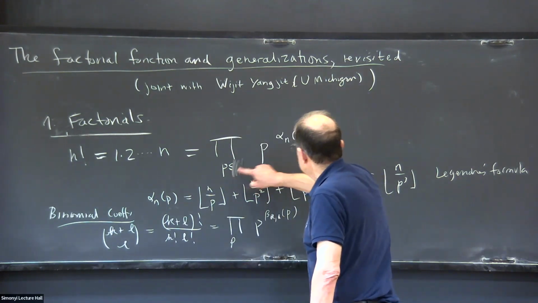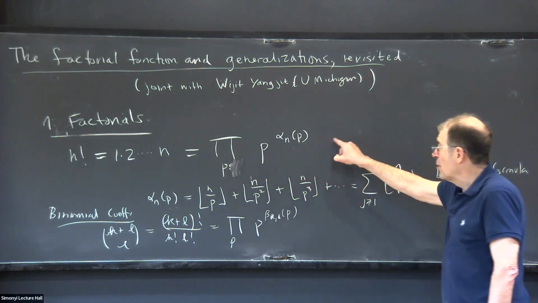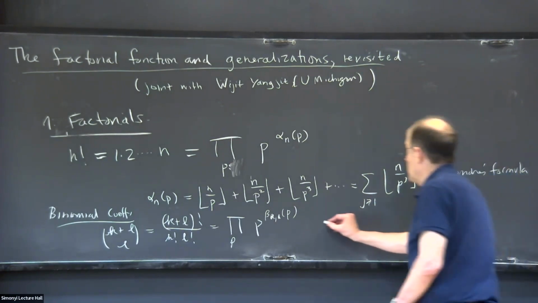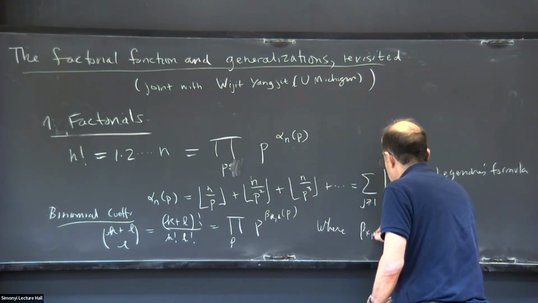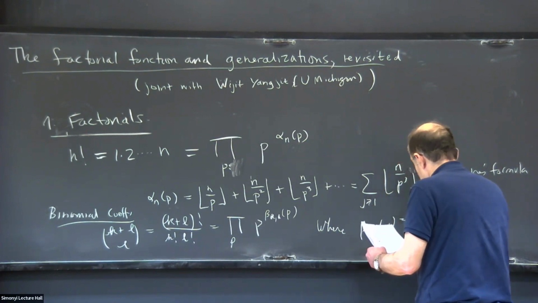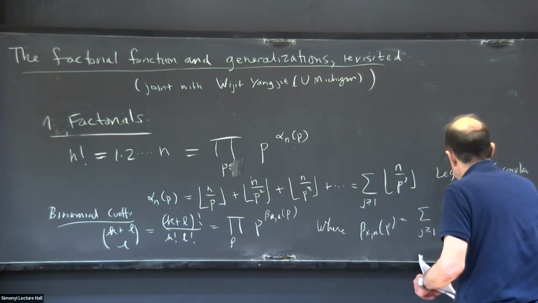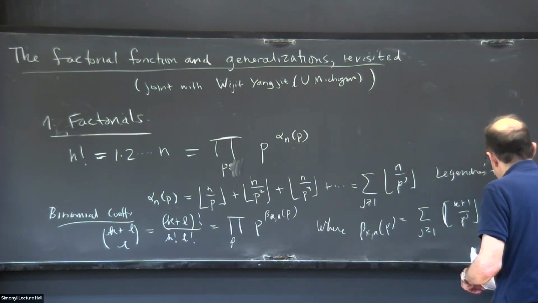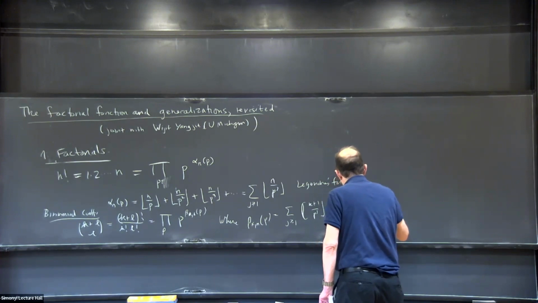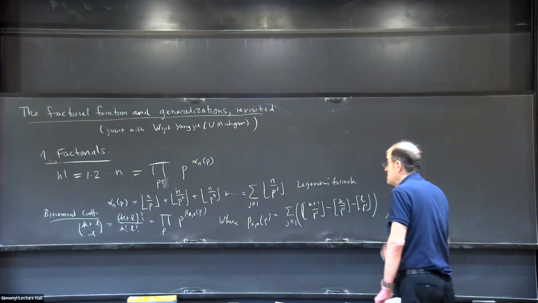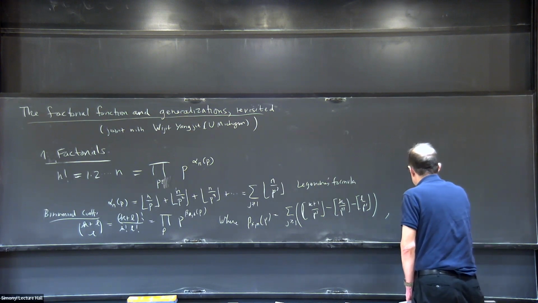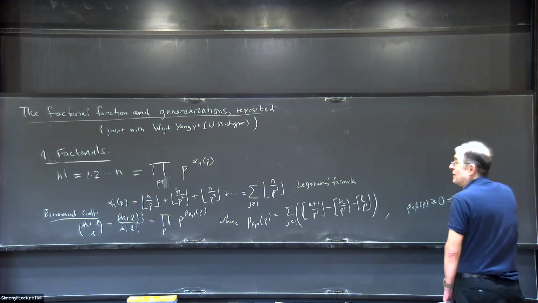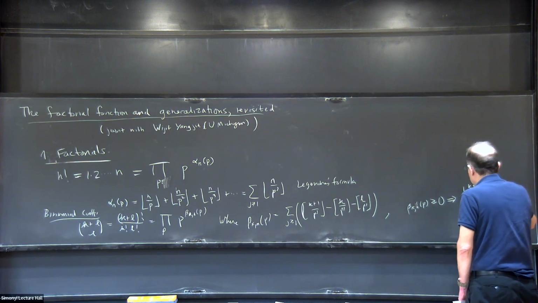We can remove this because all the alpha n's will be 0 for p bigger than n, and will drop out of the infinite product, where beta will then be the sum for j greater than or equal to 1 of floor functions minus l, and you get beta of k, l of p greater than or equal to 0, so k plus l choose l is an integer.